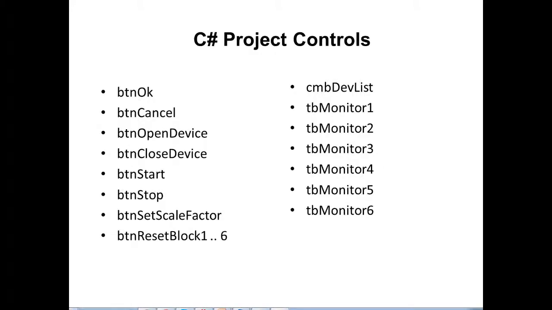This will allow us to turn signals on and off using buttons, and the buttons include the button OK, button cancel, button open device, button close device, start, stop, set scale factor, and reset block. So we also add text boxes to our controls. These are the combo things like the combo device list, text box monitor 1 through 6.